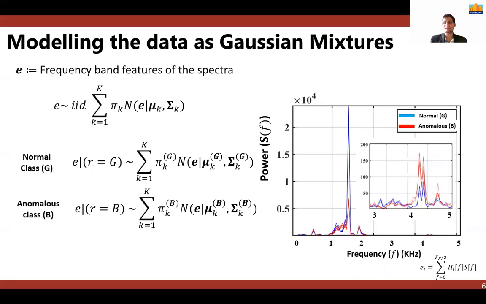The frequency on the x-axis is first converted to the energy bands E using the filter bank. In the transformed spectra, the normal class G in blue is modeled by the top equation, and the anomalous class B in red is modeled by the bottom equation. We represent the Gaussian mixture model parameters that fits the data by script M.